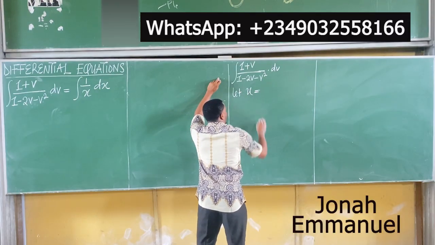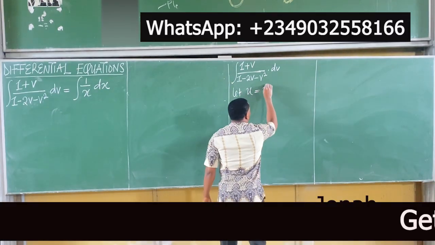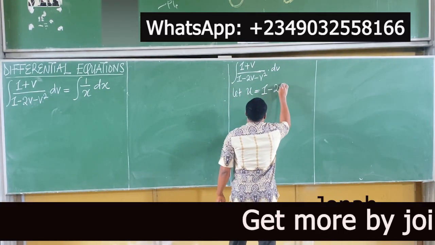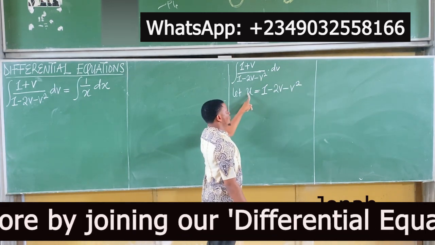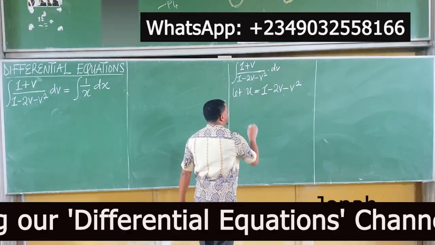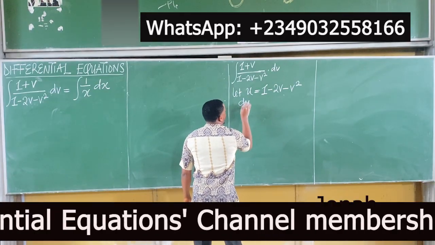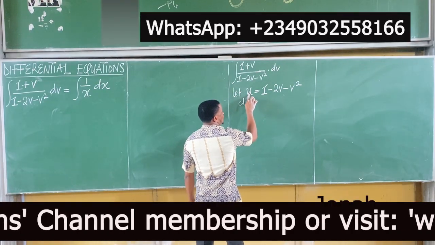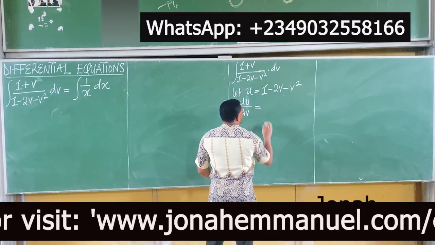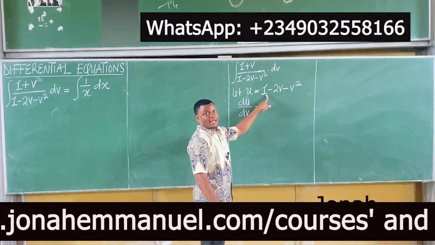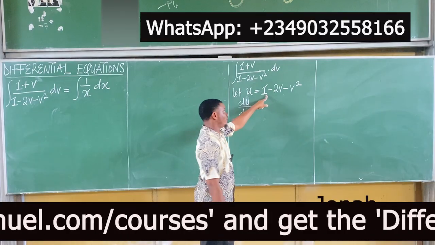Let u be equal to the denominator, 1 minus 2v minus v squared. Differentiate this with respect to v. We'll have du dv. The derivative of 1, a constant, is 0.